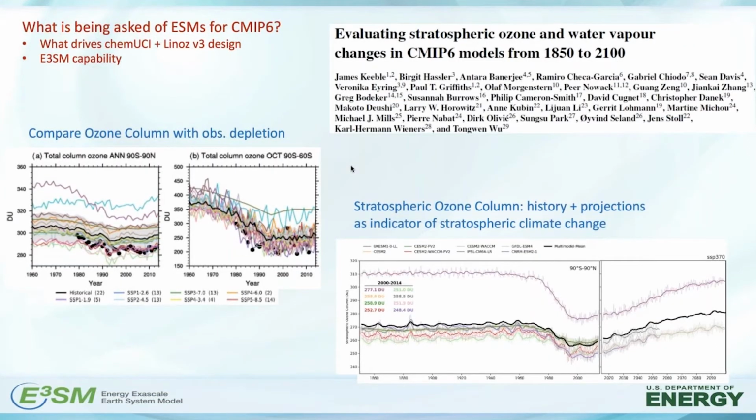Showing here are the stratospheric ozone and water vapor, which are both important for climate change and projections in the future. We have more reliable observations since the 1980s to evaluate the stratospheric ozone columns. It's also important for the climate models to match the historic ozone depletion in the stratosphere and the recovery later on with various scenarios in the projection.